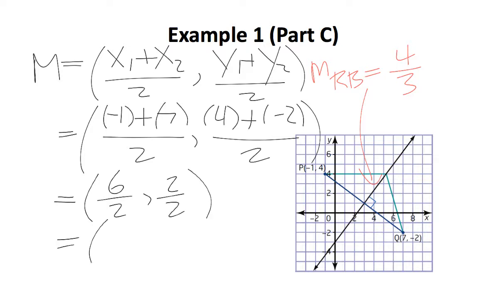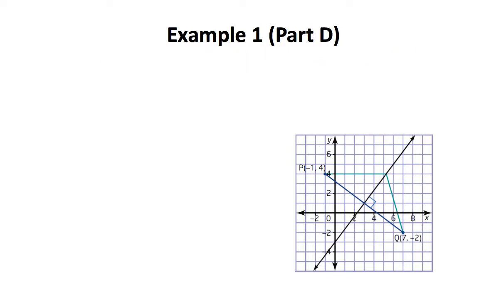Therefore, 6 divided by 2 is 3, and 2 divided by 2 is 1. So the midpoint of our line segment PQ is (3, 1). At last, we have the slope for our right bisector, which was 4 over 3, and we also determined the midpoint to be (3, 1).